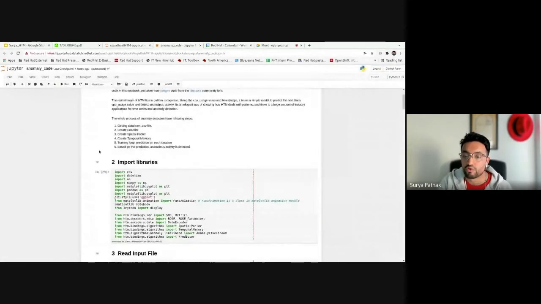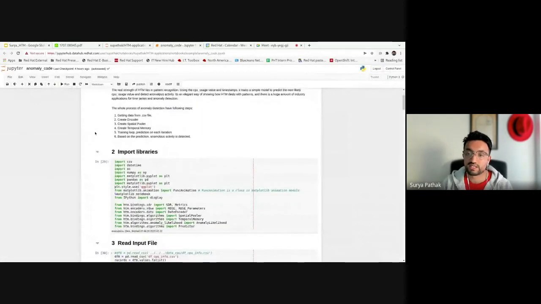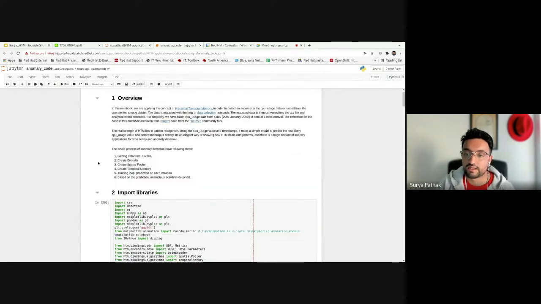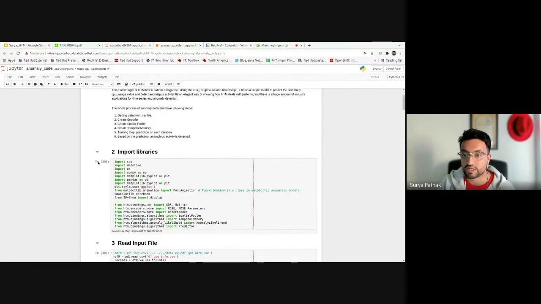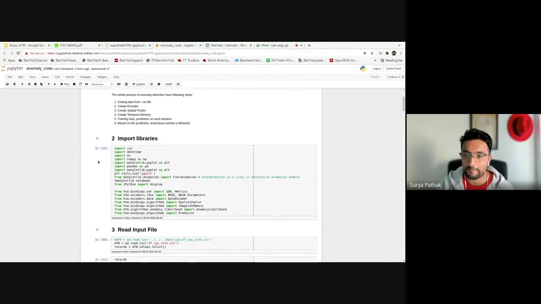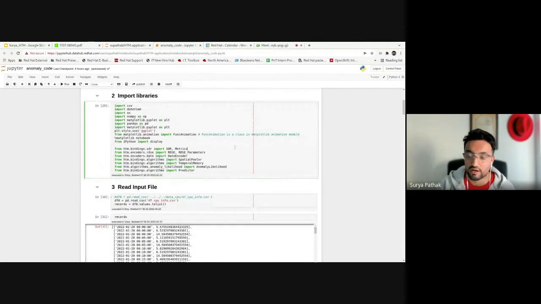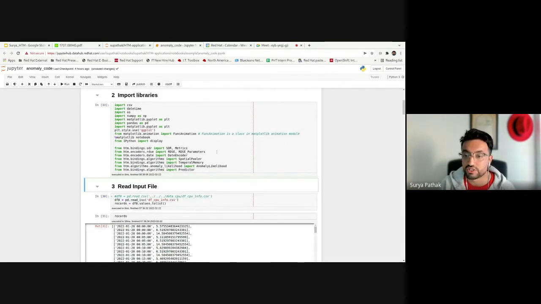Here's the demo notebook, and the code snippets are taken from the Numenta GitHub fork. However, I have formatted this notebook to be in a Jupyter notebook readable format. Here are a couple of packages which we need to install, the HTM packages.